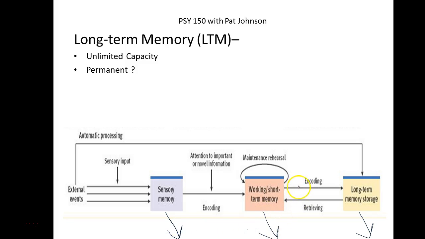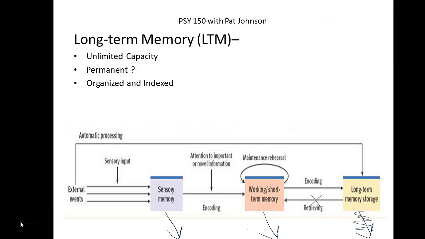And if we don't encode short-term memory into long-term memory, we can dump stuff here. So some psychologists say stuff can be dumped from long-term memory. Others say, no, it's there. If it ever was there, it is still there. We just may have a problem retrieving it, where it's very hard to get it out from long-term memory.